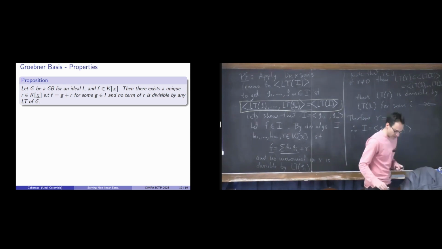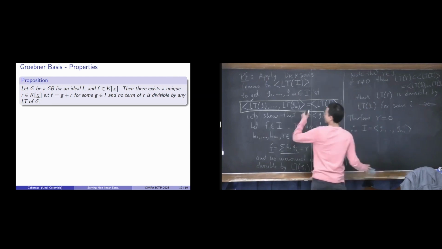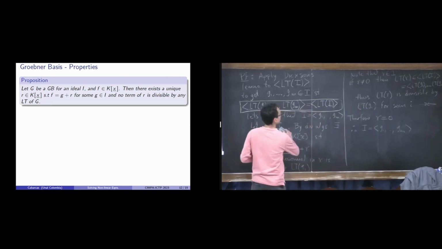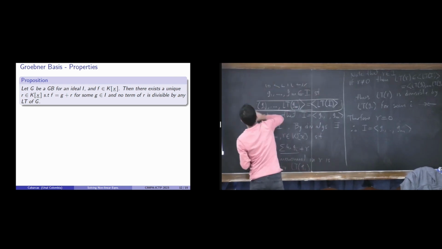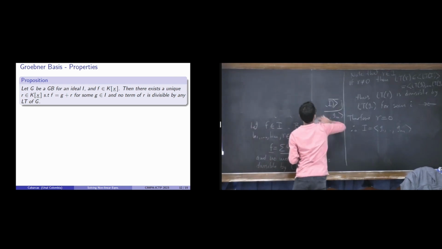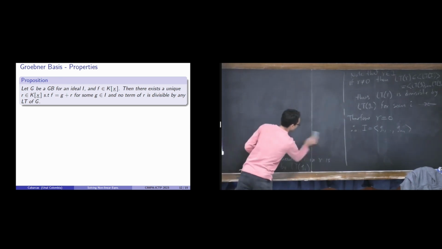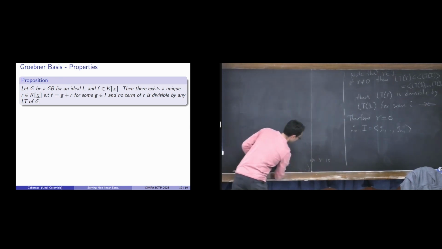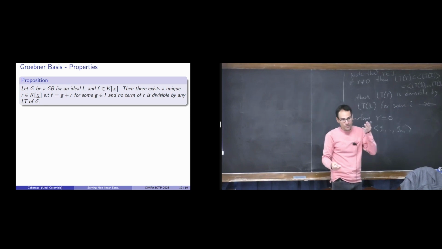And maybe I should quickly show that this is the case. It's very simple, but it's the first application of this. And we should convince ourselves that this kind of basis is actually useful. So the existence was already shown.